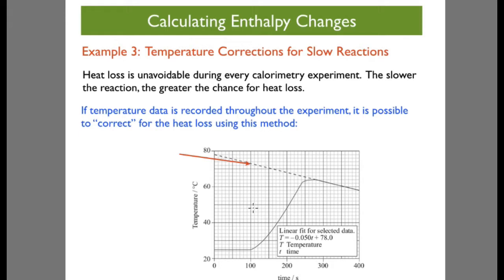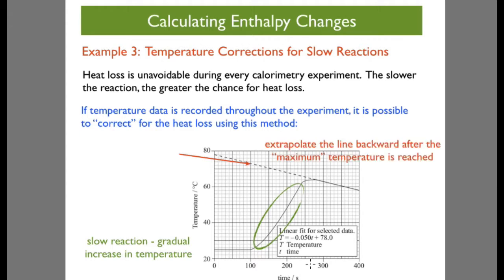So we've got temperature on the y-axis and we've got time going along the x-axis. You can see there's a gradual increase in temperature over a given time. And what you can do is, once you've done it, allow it to continue cooling down, and you're going to extrapolate this line backwards until you pass the point where it first started to increase.